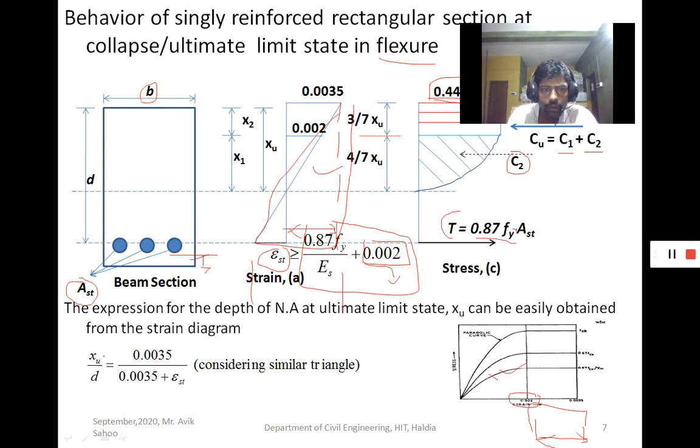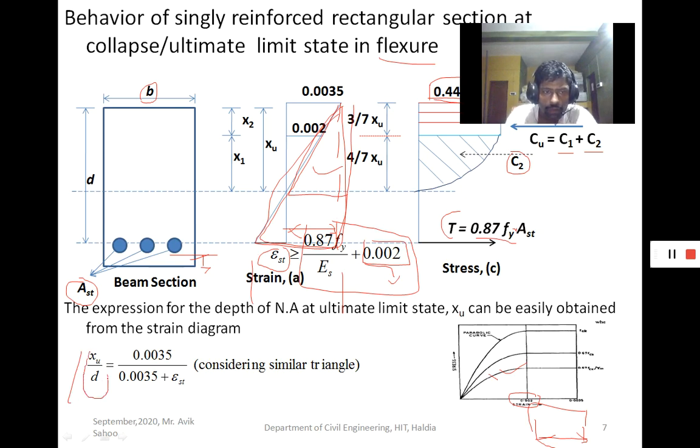We get the value of Xu by d from one triangle and the other triangle. These two triangles are similar, so we use the similar triangle concept and find the depth of neutral axis.